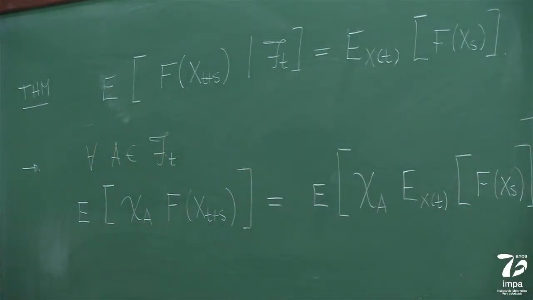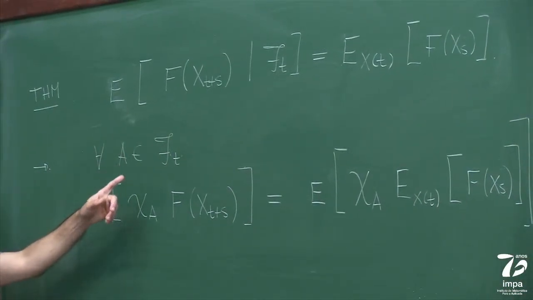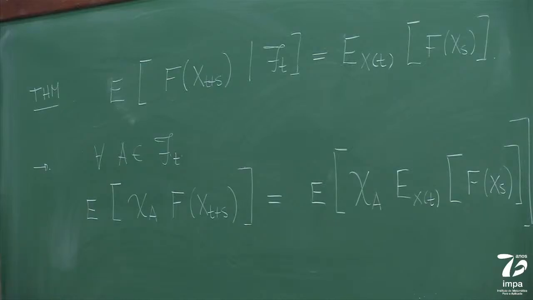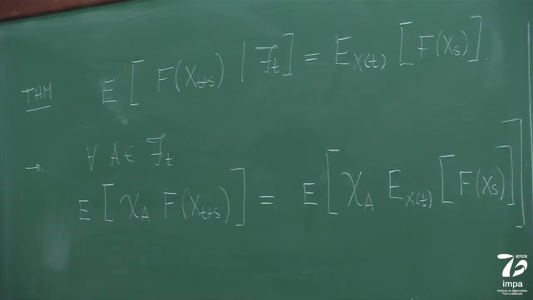Okay, this is what I want to prove. I'll fix a set A in F_t, which is measurable with respect to all X_s, and I want to prove this identity.